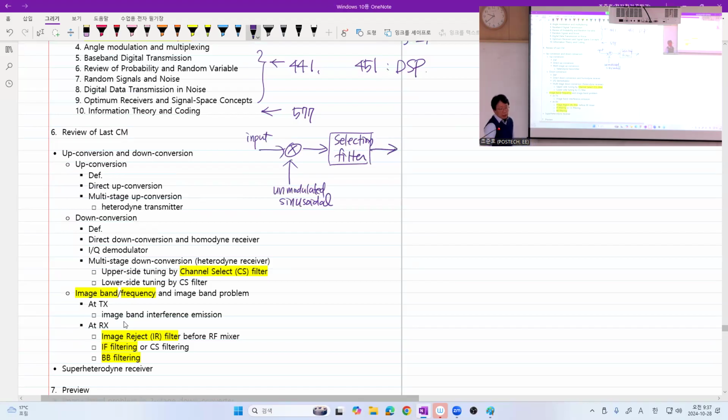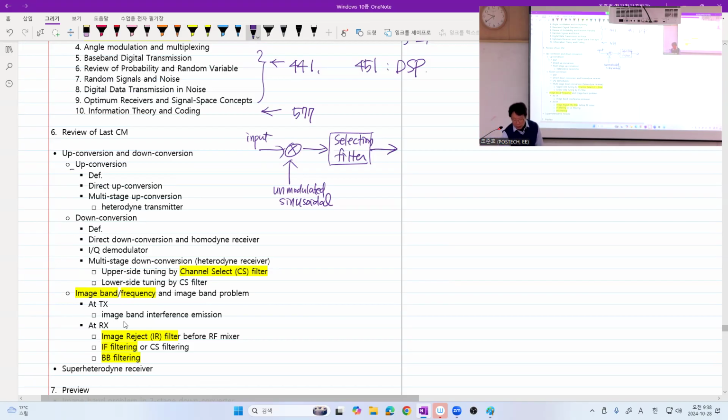So depending on the center frequencies of these two signals, which are the inputs to an RF mixer, and also depending on the passband of your selection filter, this mixer with filter may be called an up converter or down converter. So we don't know yet whether it converts to the higher frequency or lower frequency.